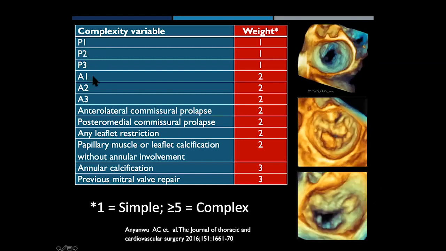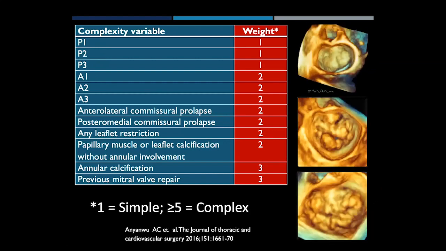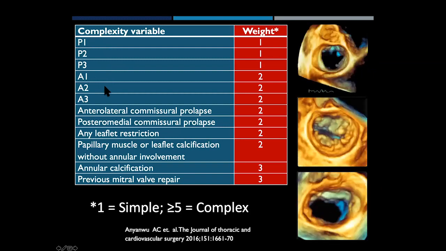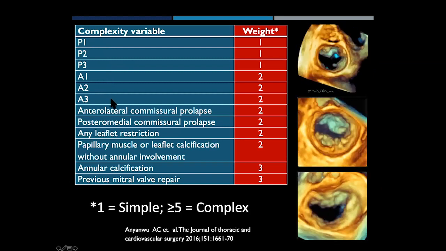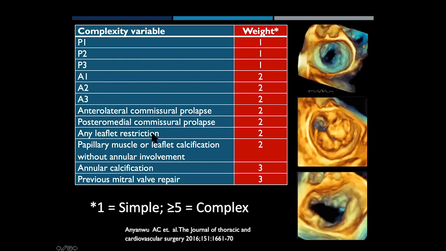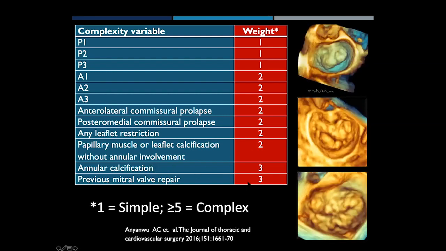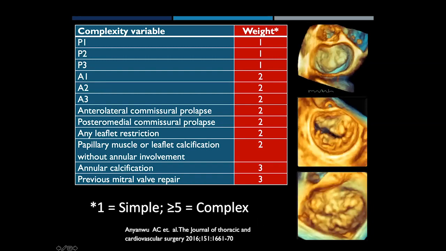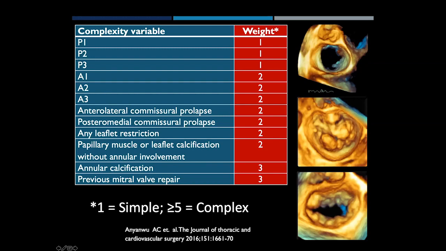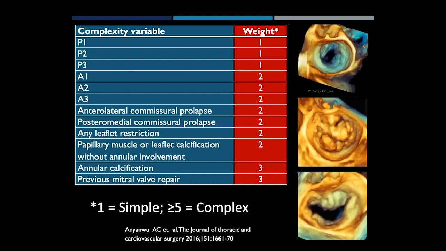If you have an anterior scallop that is diseased or flail or prolapsed and requires repair, that repair is going to be more complicated. It involves an anterior leaflet. If you have a commissural prolapse, it's more complicated. Any leaflet restriction is more complicated. Annular calcification is more complicated. And as you add up these numbers, the complexity increases. And what they found was that a score of more than 5 suggested a most complex lesion for repair.